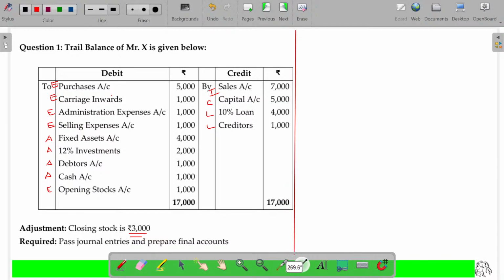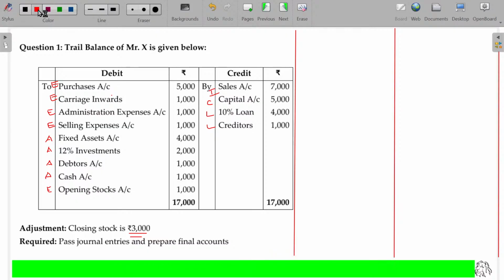There will not be any complications. Prepare the trading and P&L account and then the balance sheet. Trading and P&L account, and then balance sheet. Is that okay?